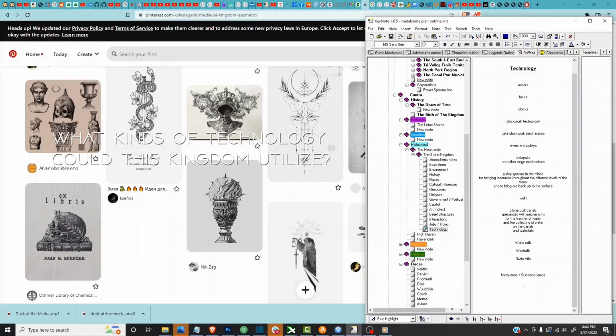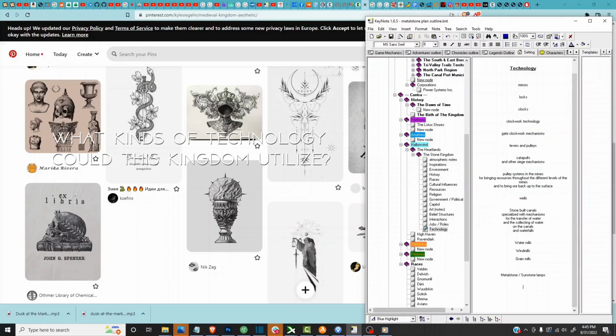Maybe they have lines that feed the energy from one Metalstone lamp to the other, so that they kind of feed into each other in a way. So maybe it's similar to our electric power line systems that we have. But I don't think this kingdom would really have a necessary need for electricity. But these Metalstones contain mana, and that's the charge that allows them to have power drawn from them.